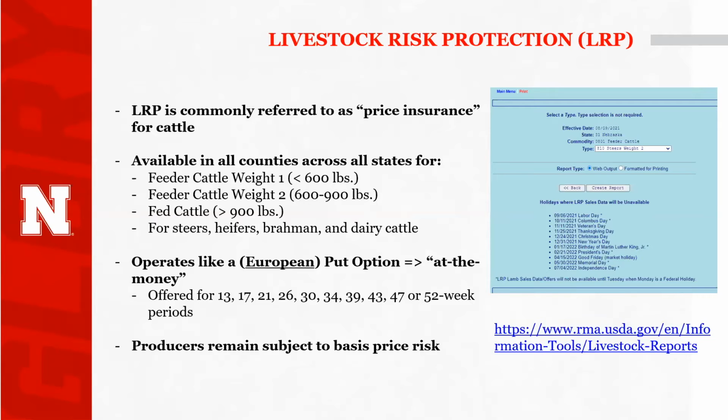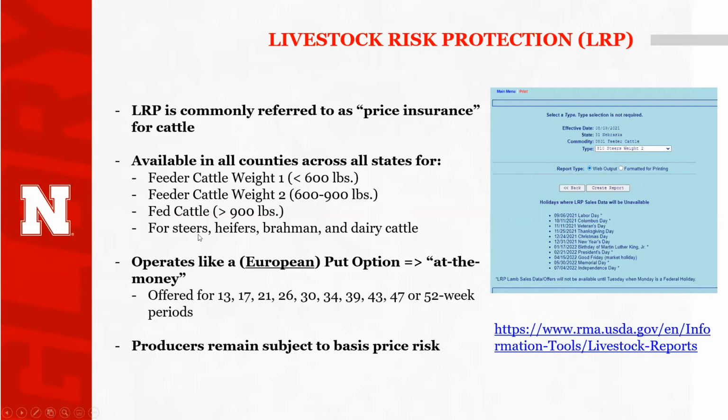So in particular for feeder cattle, there are 2 different types of weights that you have to know. When I sell the animals, let's say in October, they're going to be weighing 550 pounds or however heavy they're going to weigh. And that's where we get feeder cattle weight 1 and feeder cattle weight 2. So you have to estimate the weight of the cattle at the time of sale.